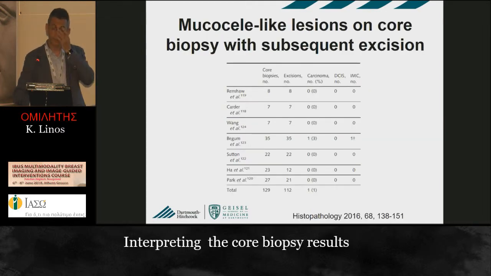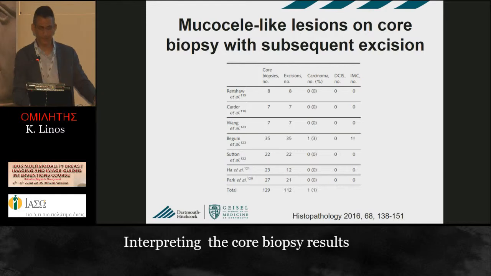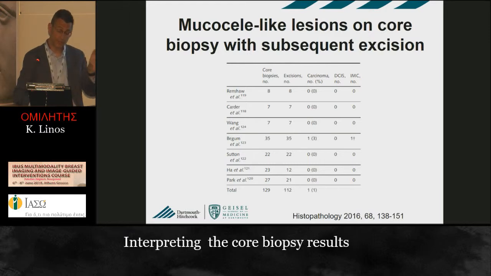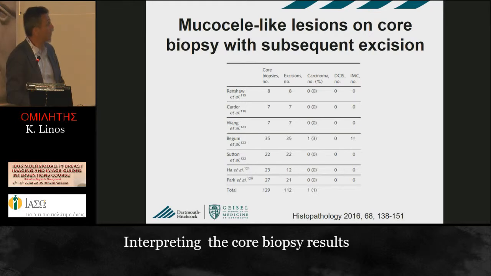The data in the literature are pretty conflicting. The upgrade rate is all over the place. Some studies report up to 30%, but again, these do not have good radiological pathological correlation. But in the studies that have very good radiological pathological correlation, if you exclude mucocele-like lesions with atypia, because these will need excision anyway, the rate is actually very low, less than 1%.